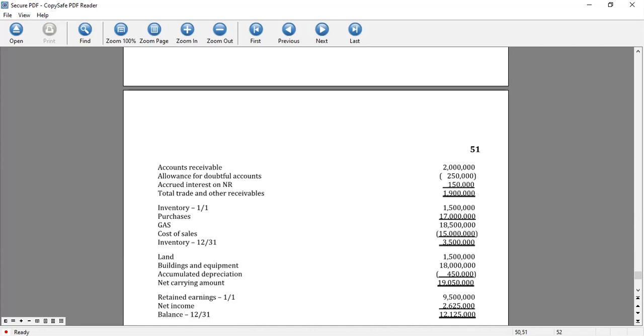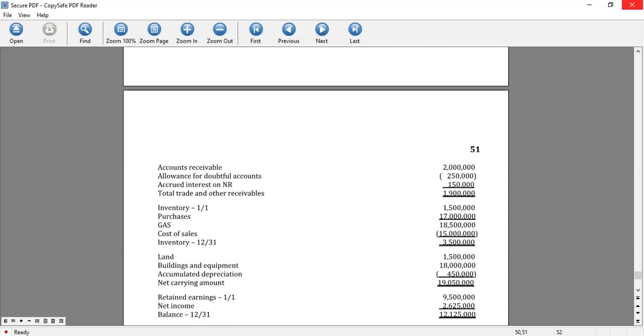So we have now the inventory end equal to 3.5 million. Since the gross profit rate is 40%, meaning the cost rate is 60% of sales, which is 25 million, cost of sales is equal to 15 million.